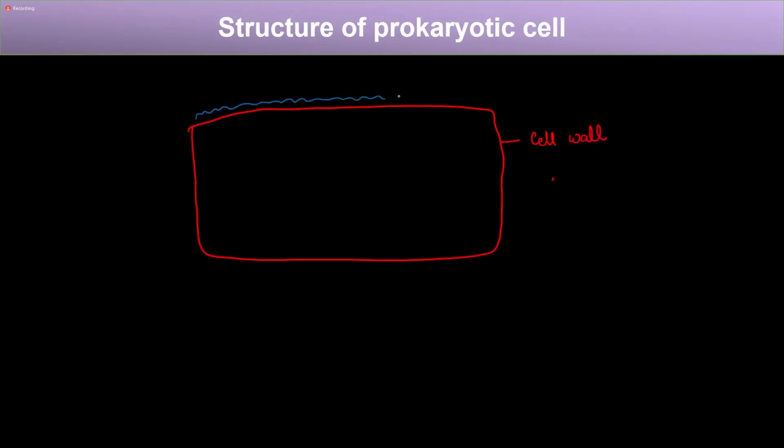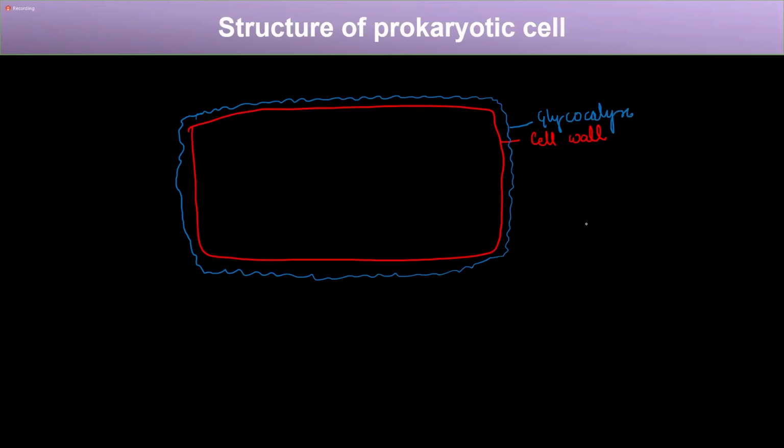Then after this, the bacteria has an outermost layer which looks something like this. And this outermost layer is known as glycocalyx.